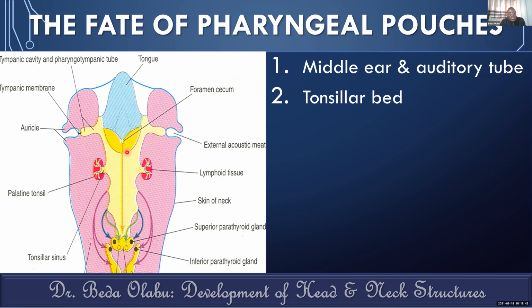The second pharyngeal pouch, what does it become? The second pharyngeal pouch becomes the bed of the palatine tonsils. It forms the bed of the palatine tonsils. So remember, the palatine tonsils are between the palatoglossal arch and the palatopharyngeal arch, if you remember that anatomy of the oropharynx.